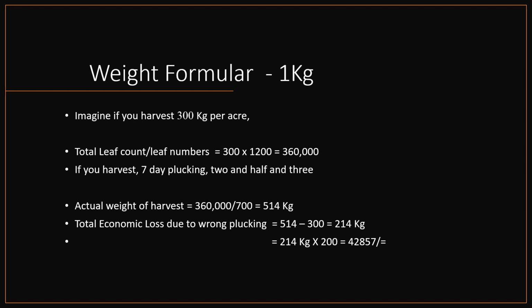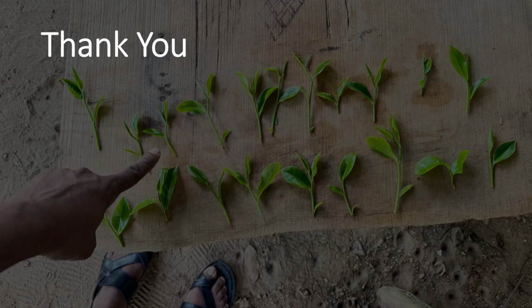Otherwise, you will lose the carbon percentage of the plants and you will lose the fertilizer efficiencies. You will lose huge money value. With that, we would like to conclude our video. As a farmer, you should focus on plucking to the correct standard, or otherwise you have to think about the harvest index when you're plucking the tea. Thank you very much.